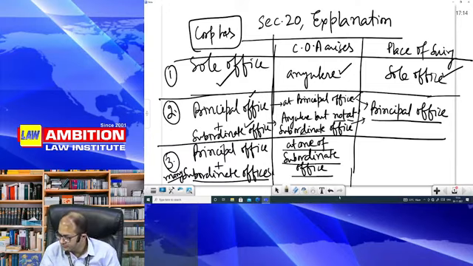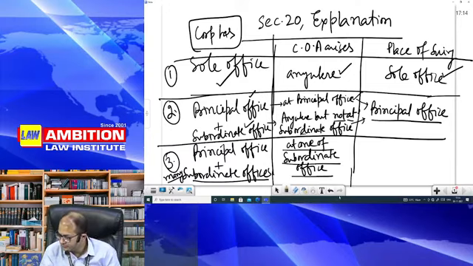So it says court of first instance, there you raise this at the earliest possible opportunity.